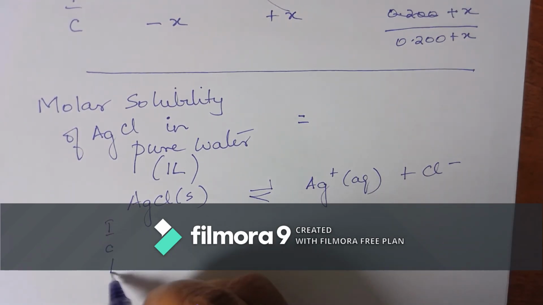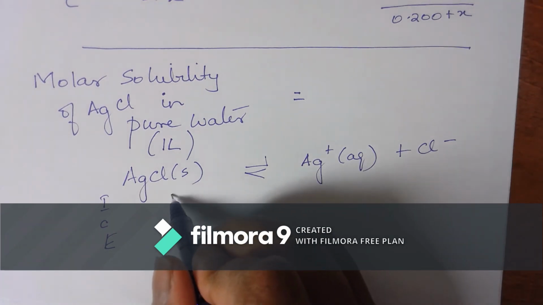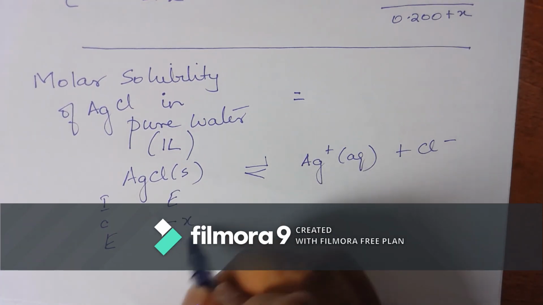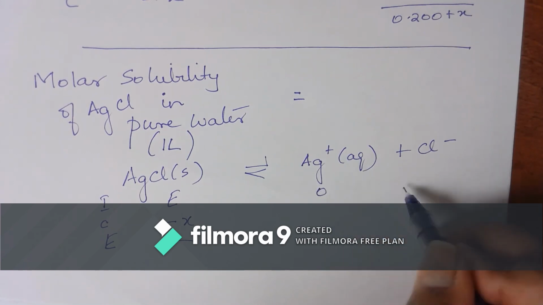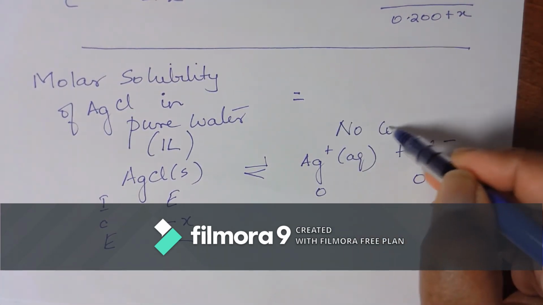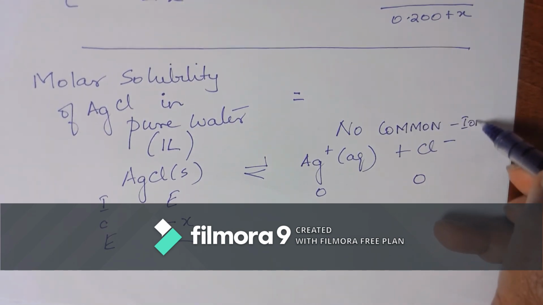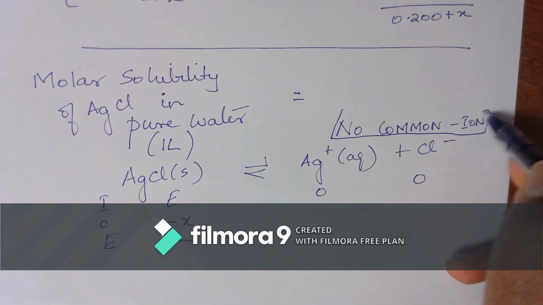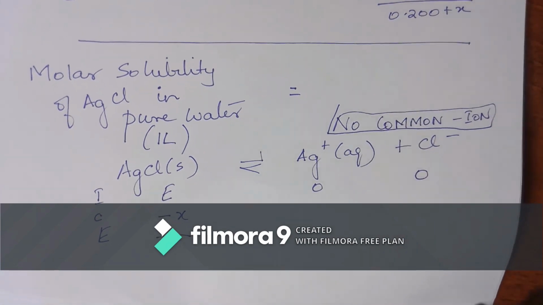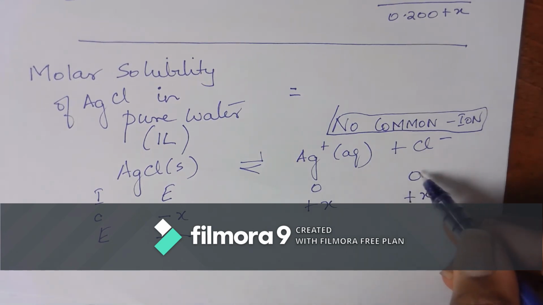I'm going to do the I and the C part. So excess, minus x, 0. There's no common ion, okay? No common ion. Plus x, plus x, 0 plus x.